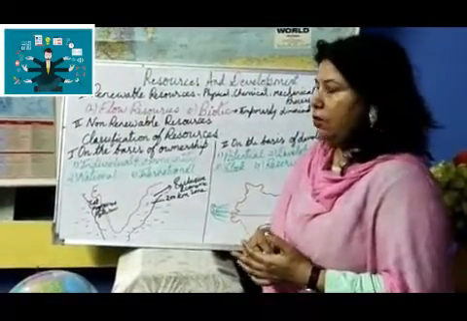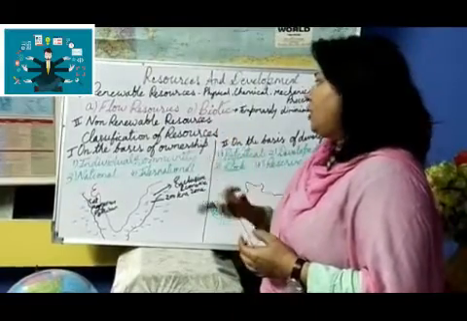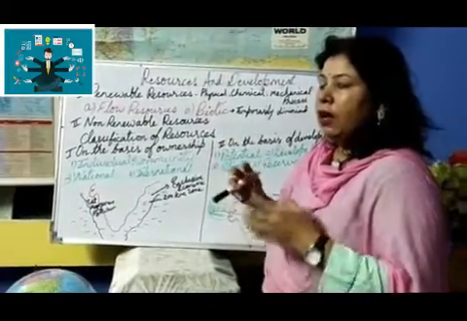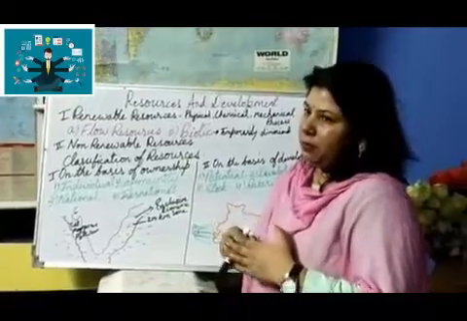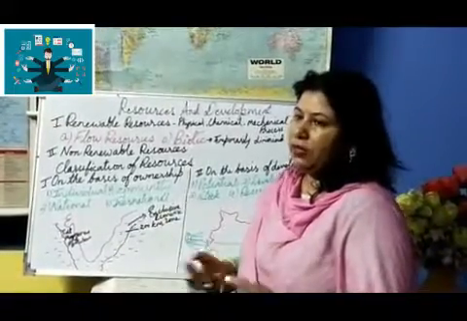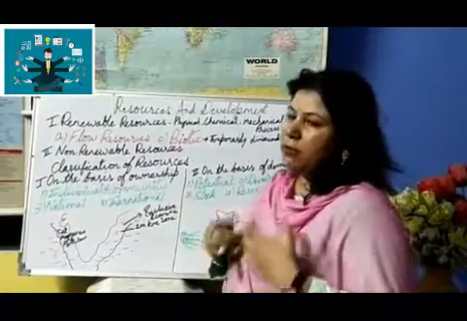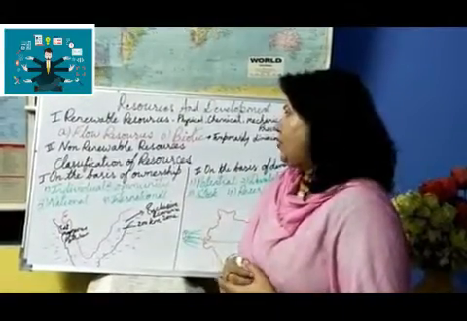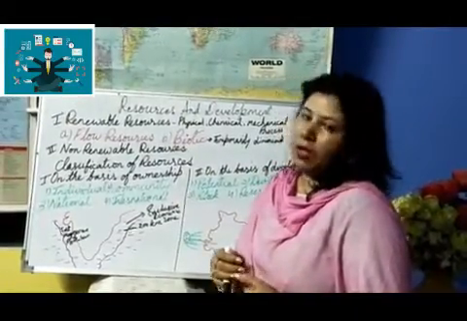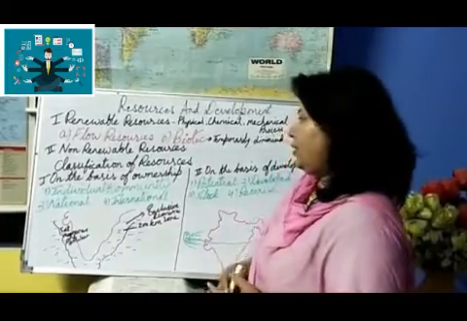And biotic resources are those which for a time being are diminished, but later on again we can generate them. Temporarily diminished, that is called biotic resource, like plants or animals, human beings.